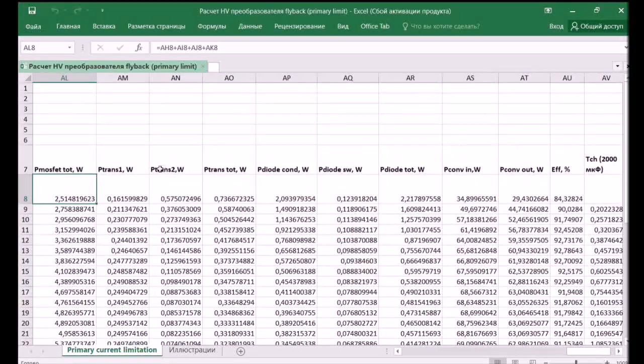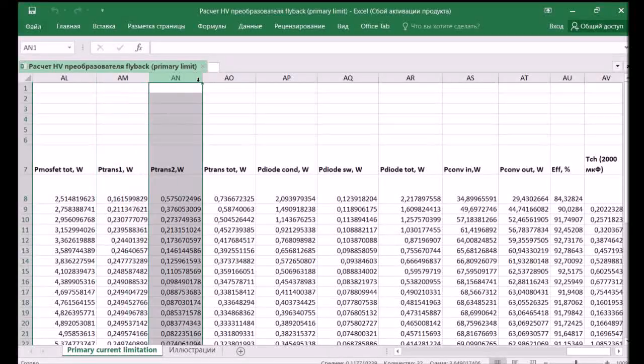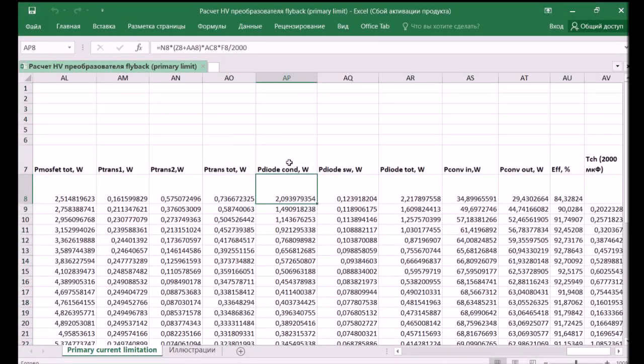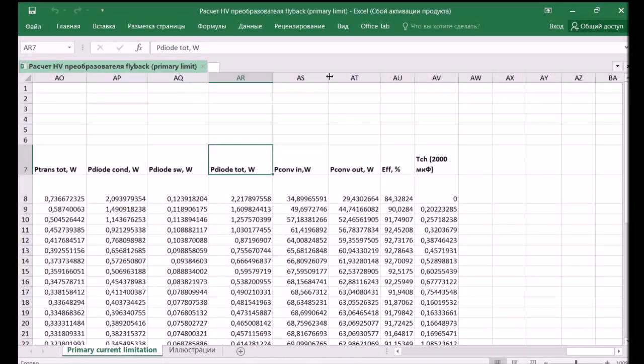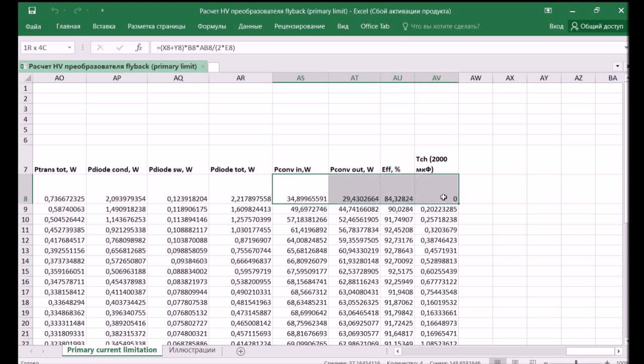And then the same parameters are for transformer: primary winding power losses, secondary, total, and for the rectifying diode: conduction losses, switching losses, total losses. So, the last four columns are the most important, what we made all this for.